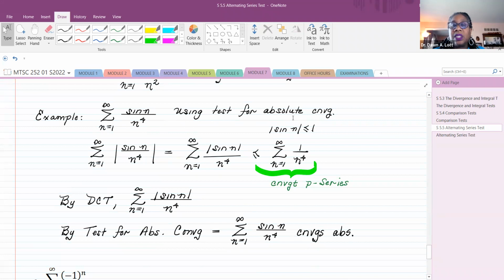When I tested for absolute convergence, I saw that the absolute value converged by the direct comparison test. So the original series converges absolutely.